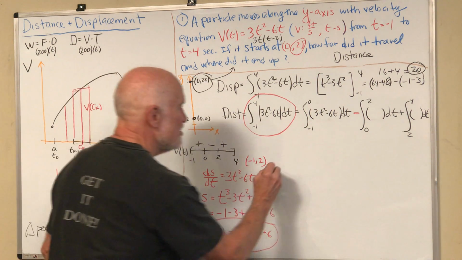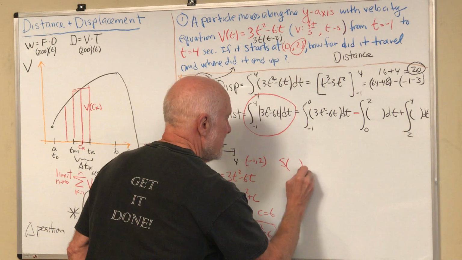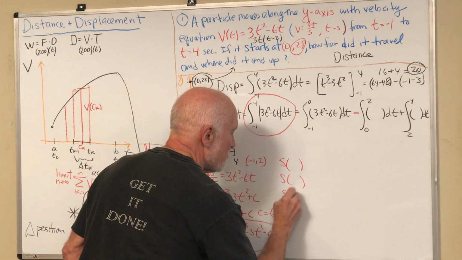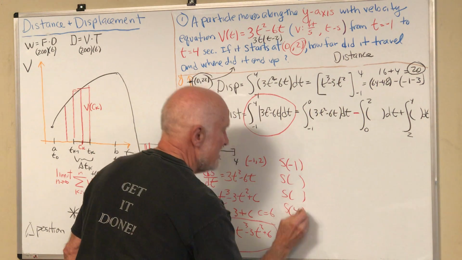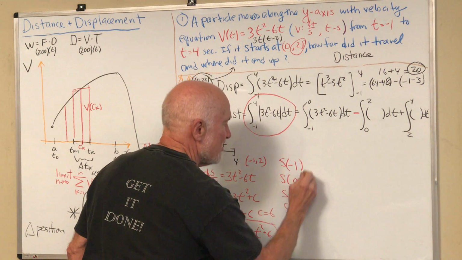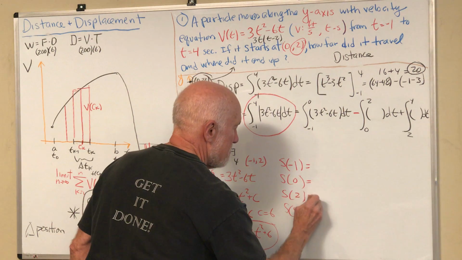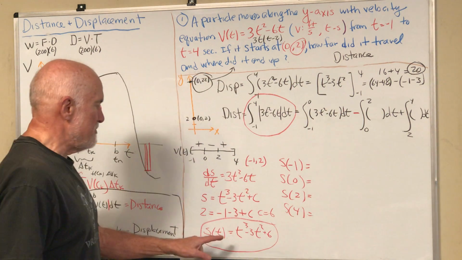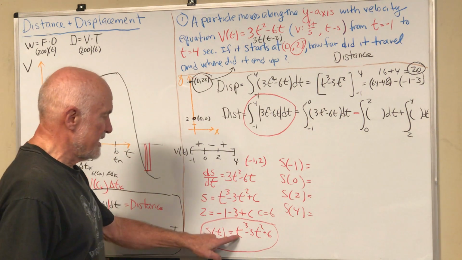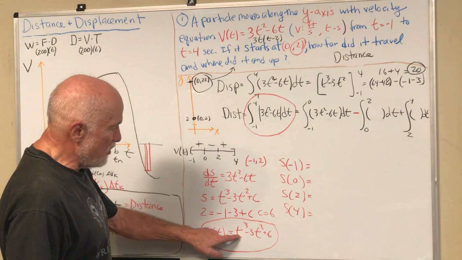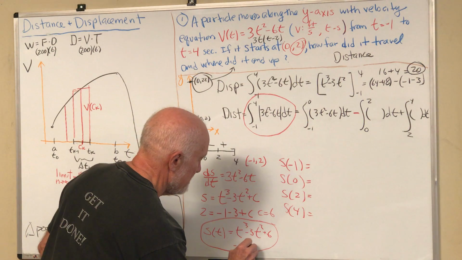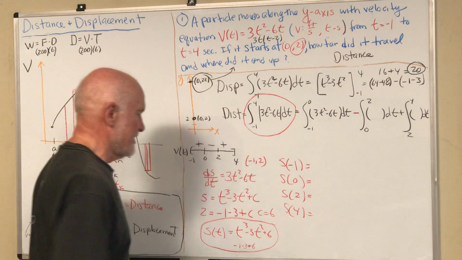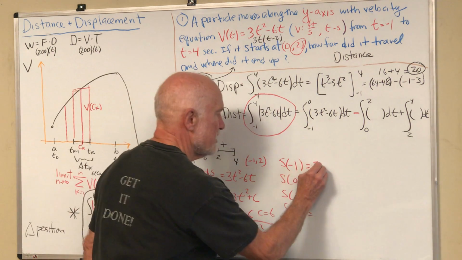And then I can just find out the position at the important times of this trip. At the beginning, at the end, and at the 2 times it stopped. So if I put in -1, I get -1 minus 3 plus 6. So I get 2.